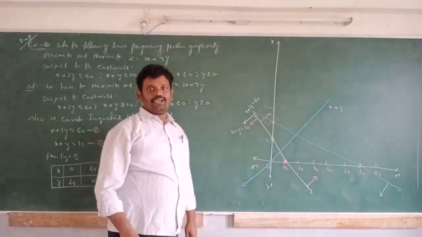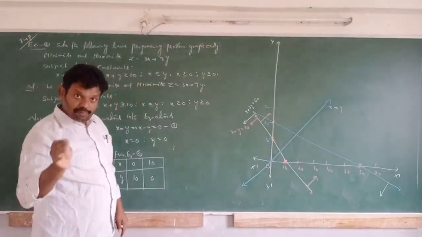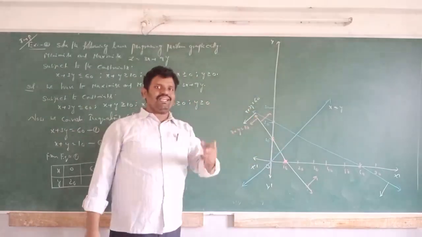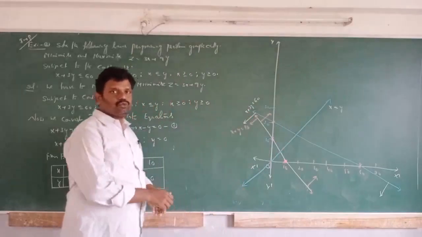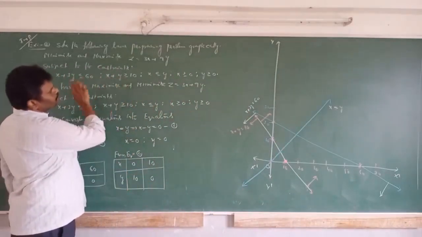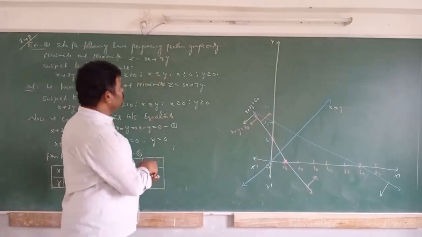Then how do we identify whether it is above the origin or below? Whenever you have such a condition, take any point above the line, suppose 0, 10, and substitute it in the inequality.